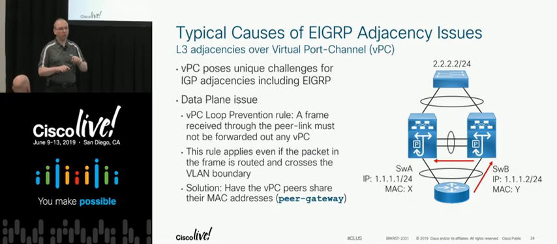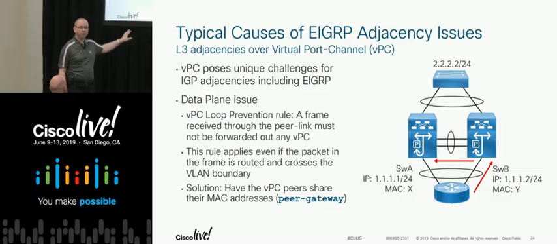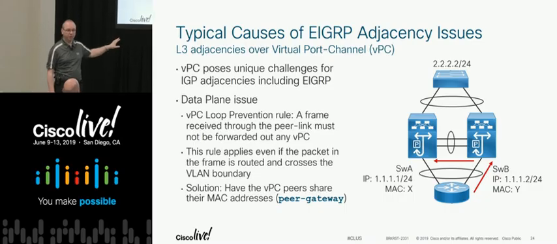So the frame would go, again, both to the top switch and back to the original router, if this was not protected by the loop prevention rule in vPC. So this is why I have this rule. We cannot forward or flood a frame that has been received through a peer-link through any virtual port channel to avoid frame duplication and possible switching loops.